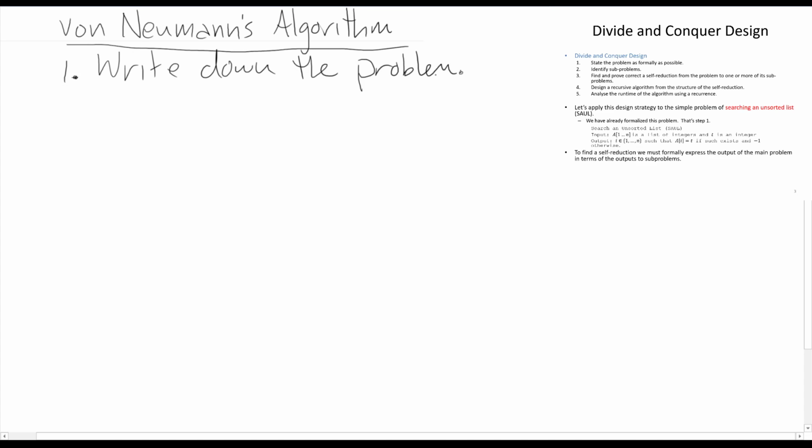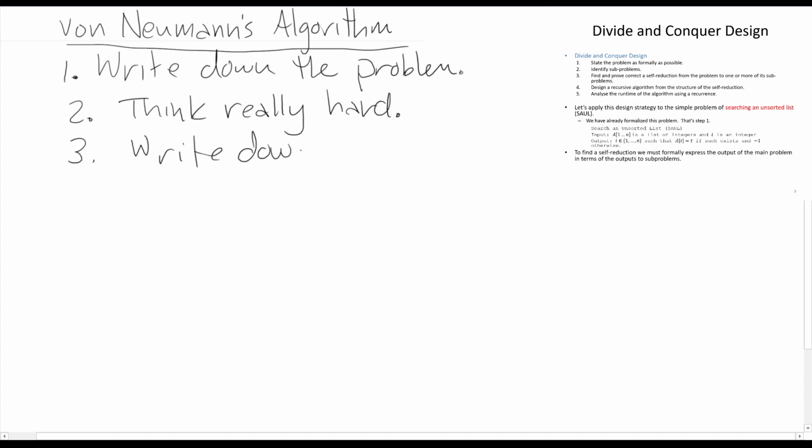Our first step says state the problem as formally as possible. Now, the rest of the algorithm, I think, maybe only works if you're John von Neumann, but the next part is think really hard. And then the third bit was, well, now you can write down the solution.